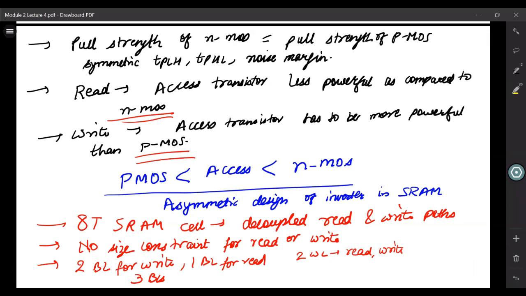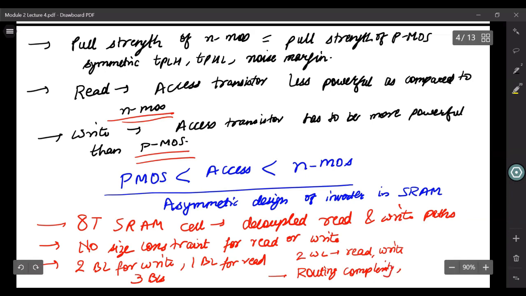Because of this, routing complexity was there. How are you going to route these many word lines or bit lines in your large SRAM array design? So routing complexity was there. And also, since you have increased your transistor count from 6 to 8, you also had this density constraint.